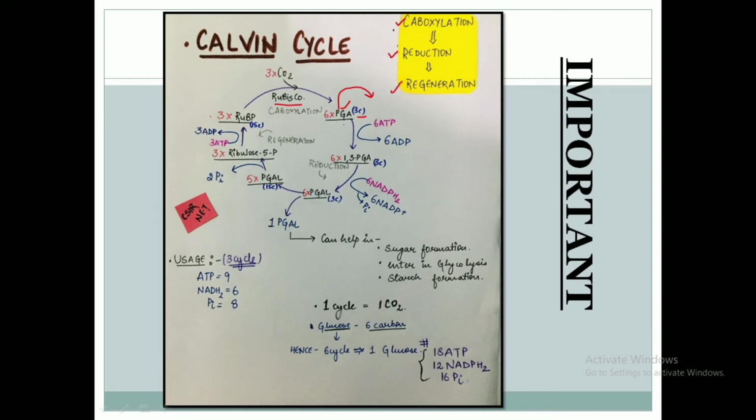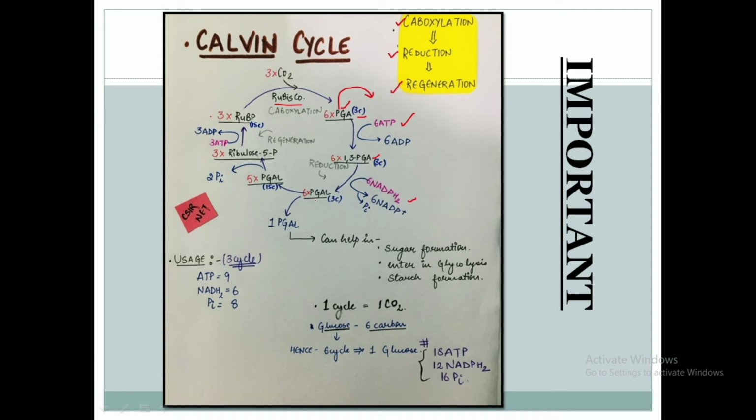Now this PGA gets converted into 1,3-PGA, that is 1,3-bisphosphoglycerate, by the usage of 6 ATP. And now 1,3-PGA gets reduced into PGAL, that is phosphoglyceraldehyde.